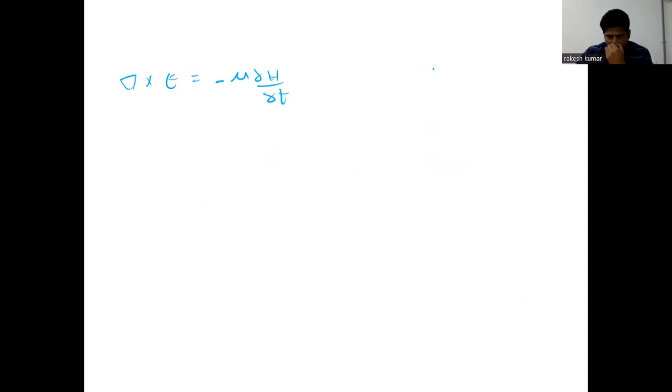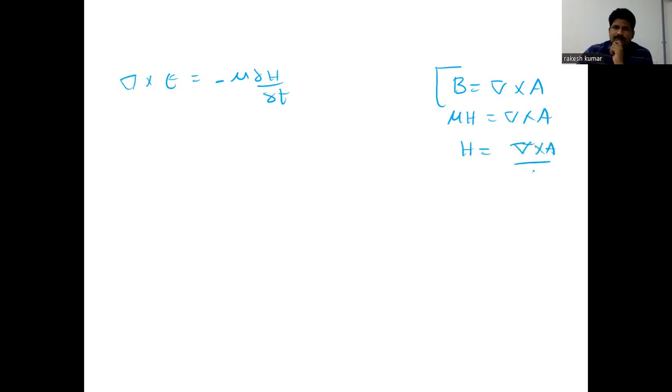So you know what the relationship is between magnetic field and vector potential A. What is the relation between B and H? B is equal to mu H, and B is equal to del cross A. Therefore, what is the value of H? H is equal to del cross A by mu.